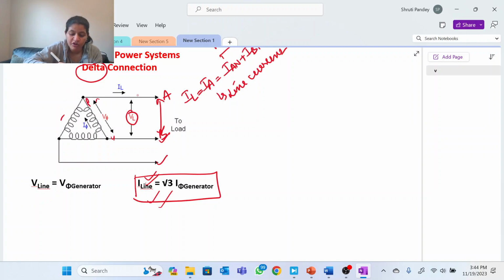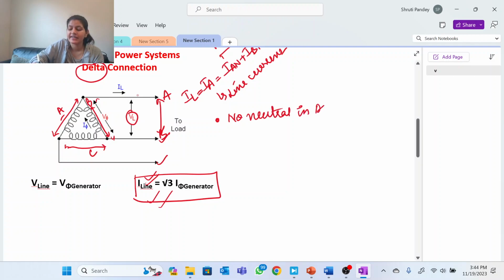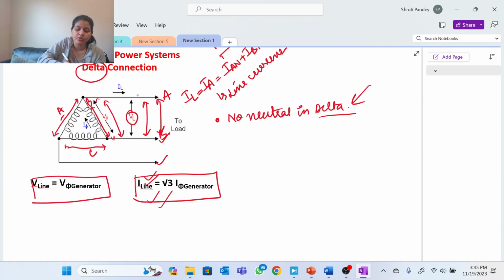This is the phase voltage for phase B, this is the phase voltage for phase A, and this is the phase voltage for phase C. One more very important thing to note here is that there is no neutral in delta, right? So whatever the line voltage is, the same is the phase voltage. So line voltage is equal to phase voltage in case of delta connection.